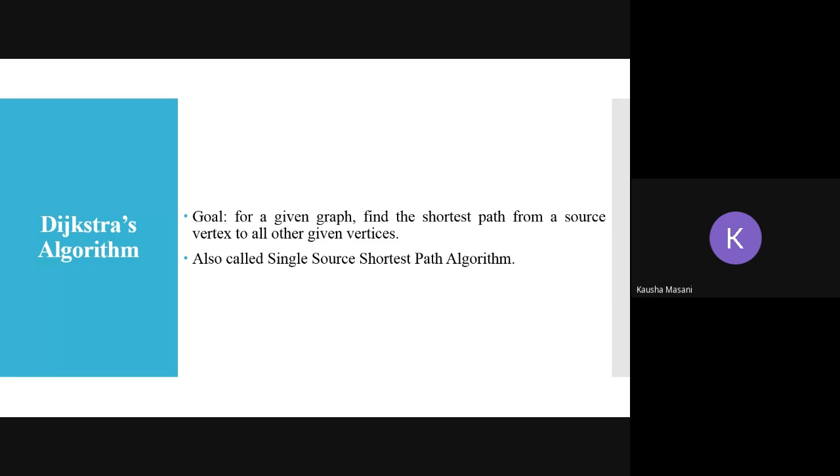Okay? So one thing that you need to remember and understand here is the source is going to be fixed. Destinations can be variable. Okay? Like for example, from Nepal I can reach Delhi. From Nepal I can reach Shillong. From Nepal I can reach Rajkot. From Nepal I can reach Kanyakumari. Okay?